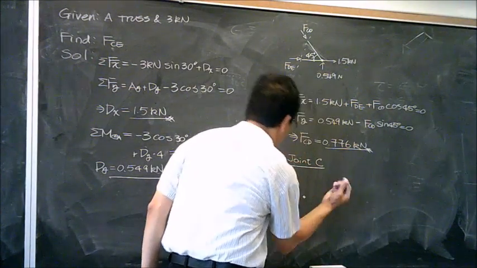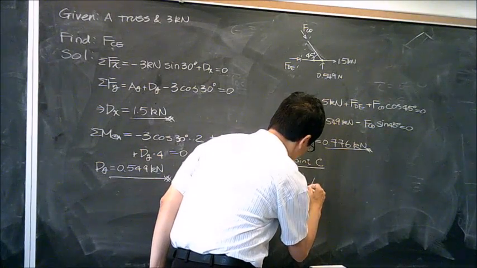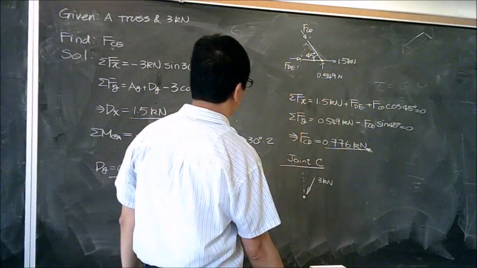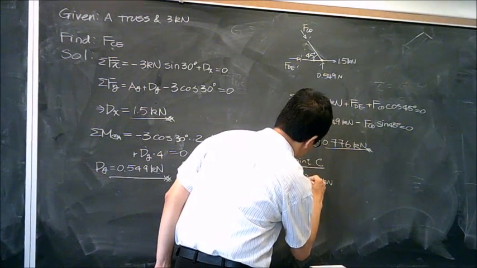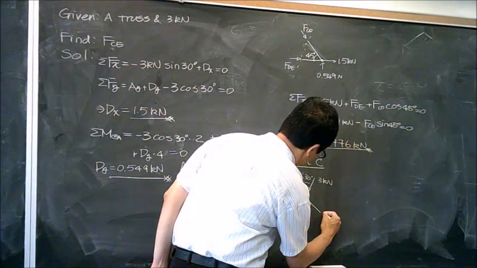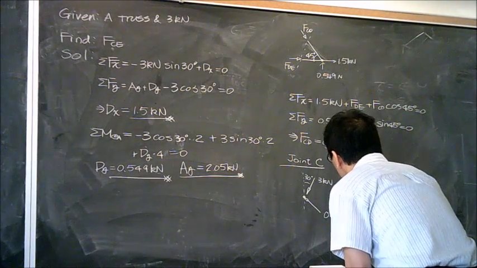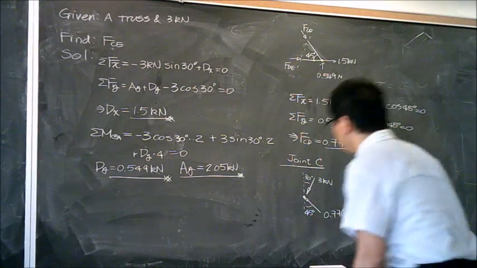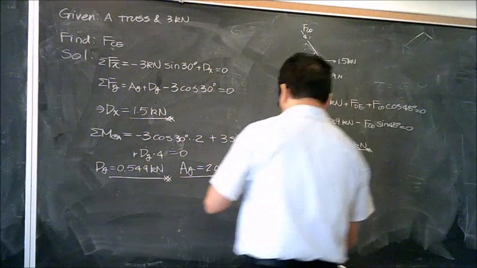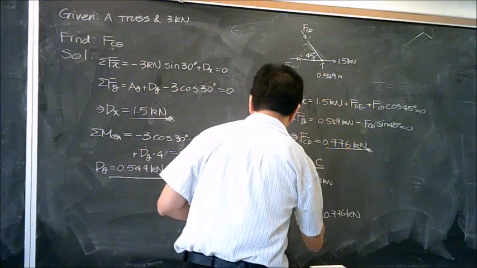So when you do joint C, you're going to have 3 kilonewton over here, and you have your FCD. You also have your horizontal part from member BC.